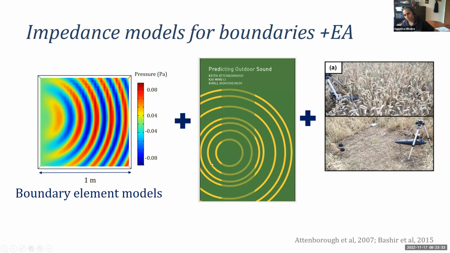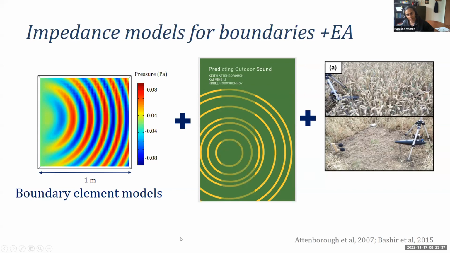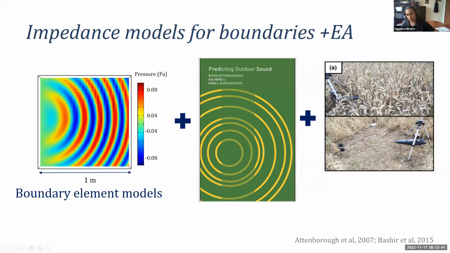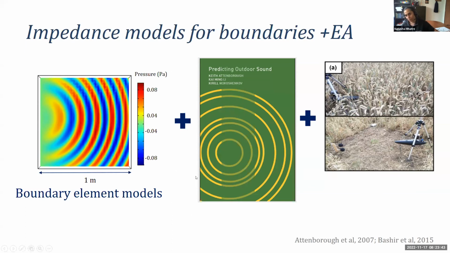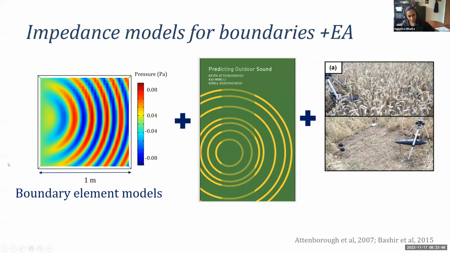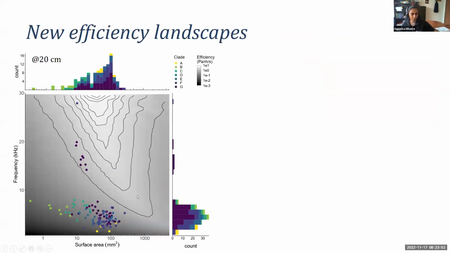You can add in information like, oh, this is the kind of excess attenuation you get when there are these kinds of crops on the ground, or there's this much attenuation when you have a different kind of vegetation on the ground. And you can use that kind of data along with your BE models to predict how much sound something is going to make. So we started to make models like this, and we had to cut down the space of our problem.